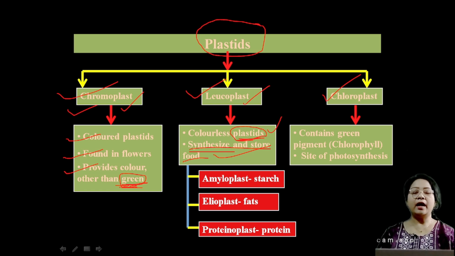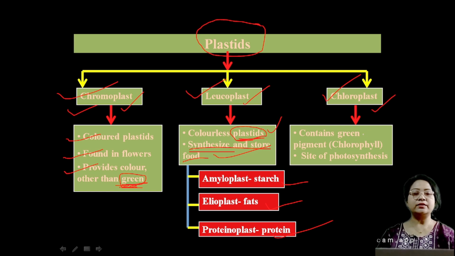Then there are three types of leucoplasts. The first one is amyloplast that makes starch. The second one is elaioplast that makes various types of fat molecules, and then proteinoplast that makes various types of protein molecules.